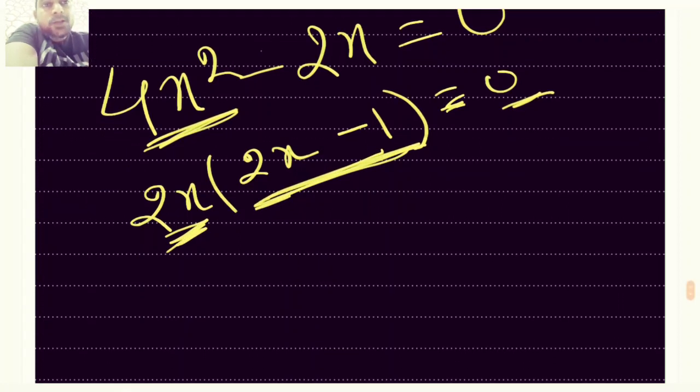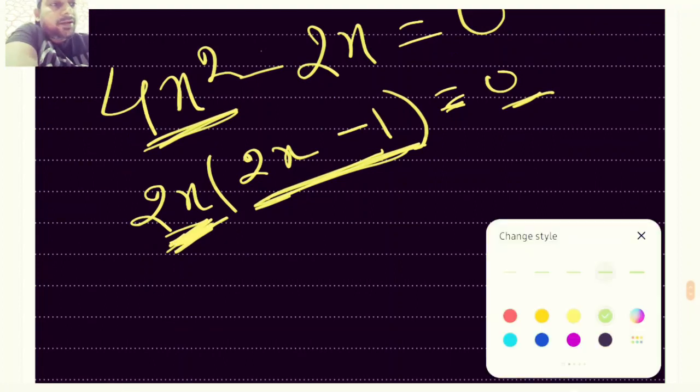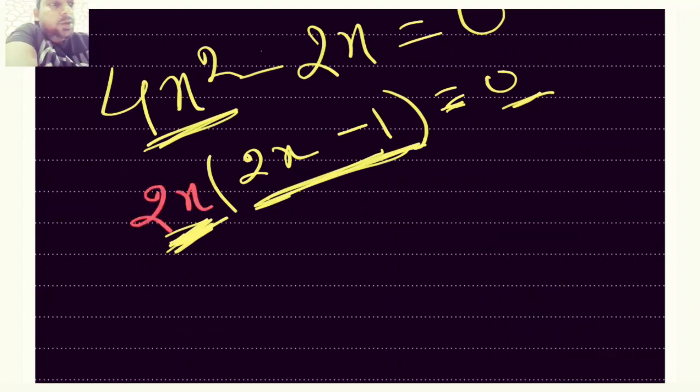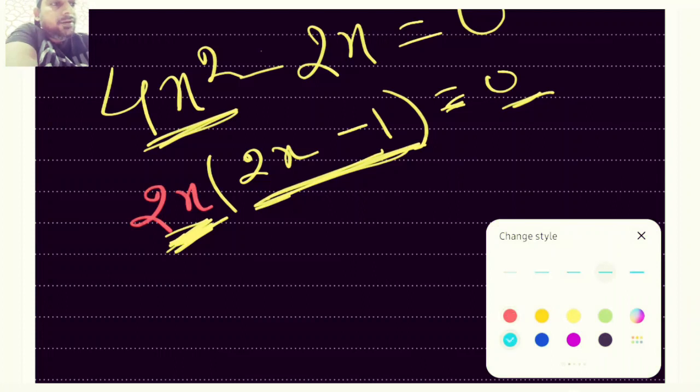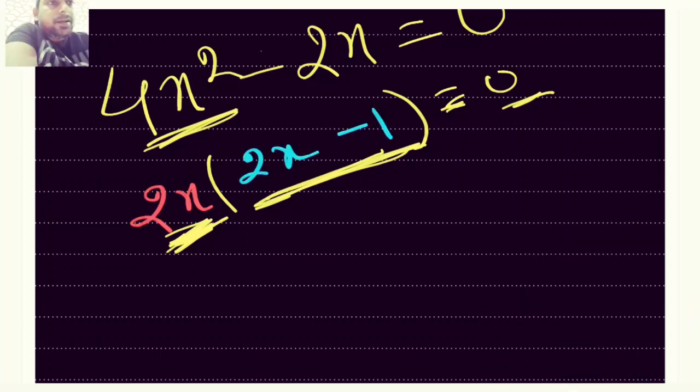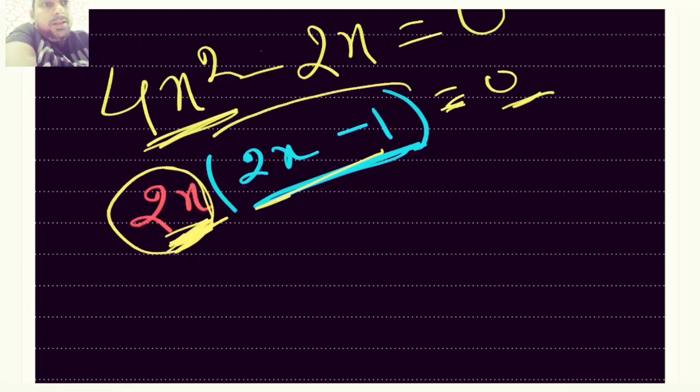Is it clear? So either this term, the red term, is 0, or the product of these two terms is equal to 0. So either the term 2x, which you can see in red, is 0, or the term 2x minus 1 will be 0, or both will be 0.